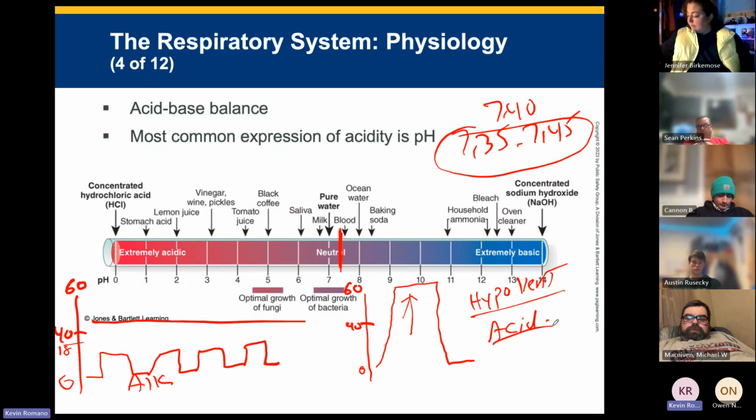So why is this important for us? We need to meet homeostasis in the pH world. So how do we fix this problem? It's very simple. How do we fix it? You guys ready for this one? BVM.